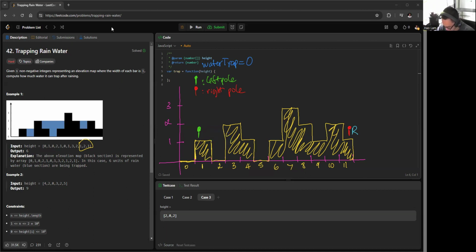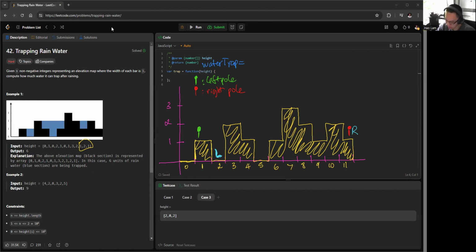Okay. If the height at the left index is smaller than the height at the left pole, we know that there must be some water trap.